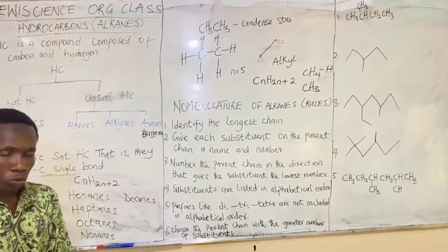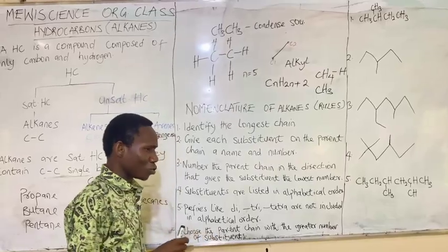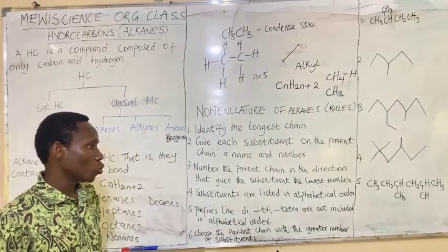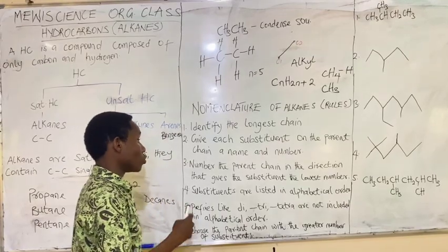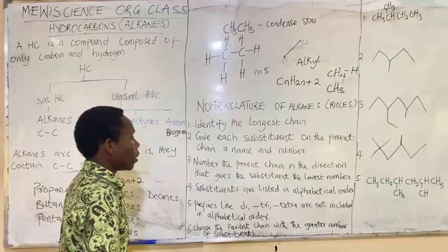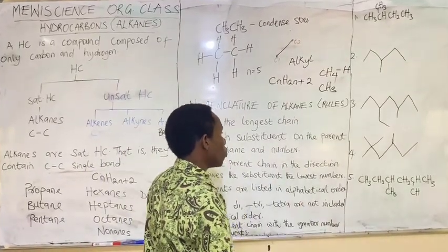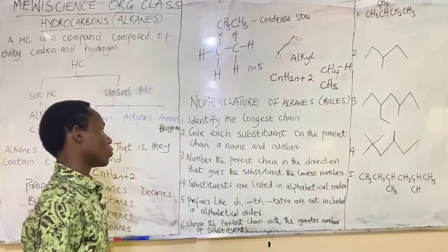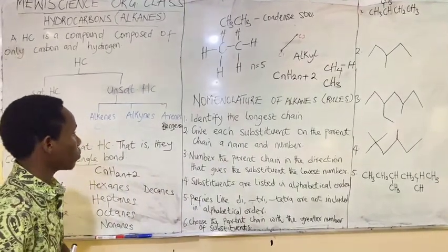If you don't know all these rules, it will affect you in naming organic compounds. There's no need of you memorizing these rules. No, we don't do that. With practice, you understand these rules and you know them. You don't need to memorize them. With time, when you read them and keep on learning how to name or draw new structures, it will be part of you. So this is how we do it. We'll take it one after the other.